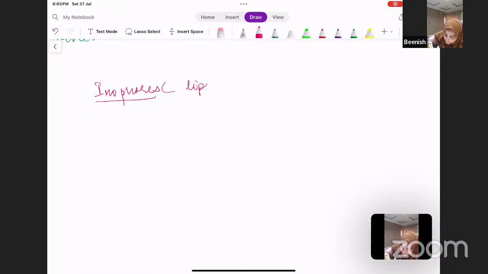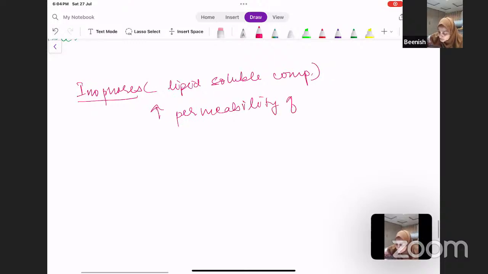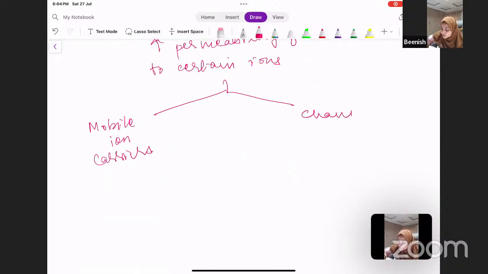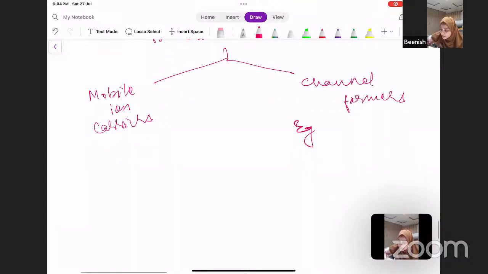Now they can be of two types: mobile ion carriers, or they can be channel formers, your example being gramicidin.